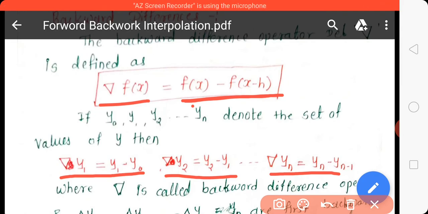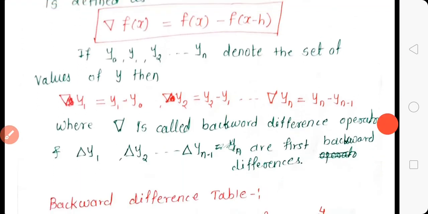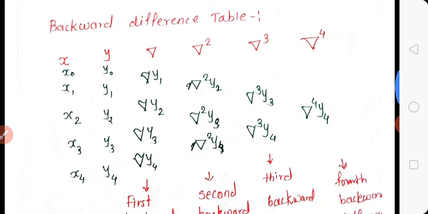Here this del is called the backward difference operator, and del y1, del y2 up to del yn are the first backward differences. Now we see how to calculate the backward difference table, that is, the first, second, third, fourth backward differences and so on.